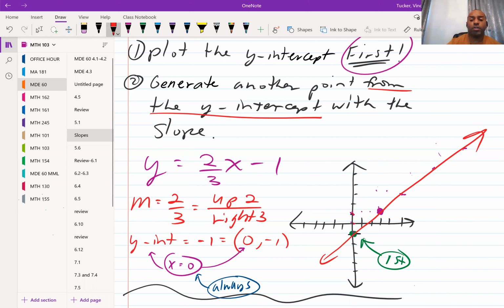And if you want, you can continue to generate points on this line, going up 2, right 3, up 2, right 3. It'll keep generating points on the line. But that's how you would do it. Questions before we do another one? Make sure we're okay.